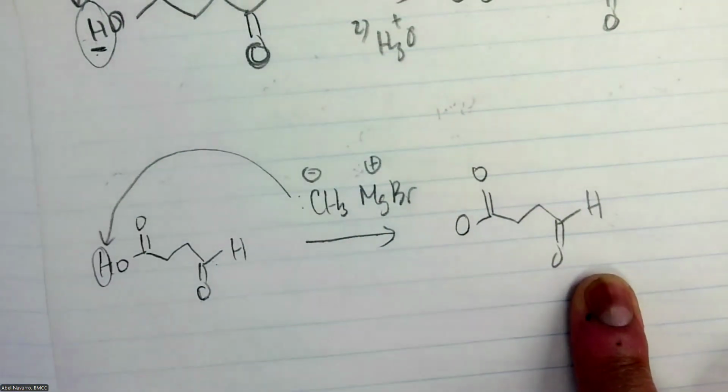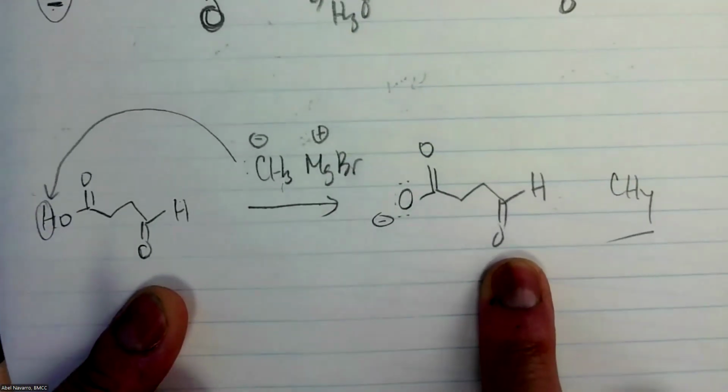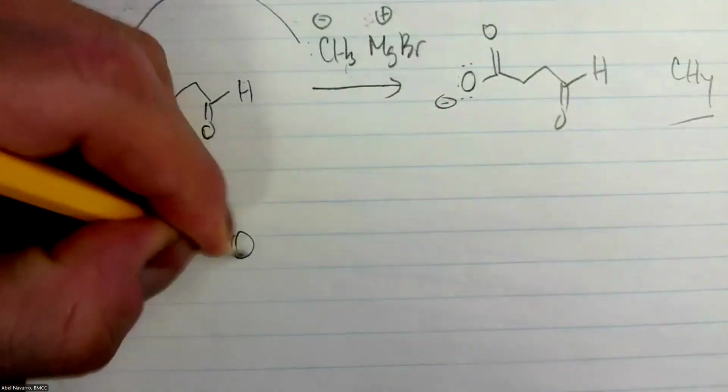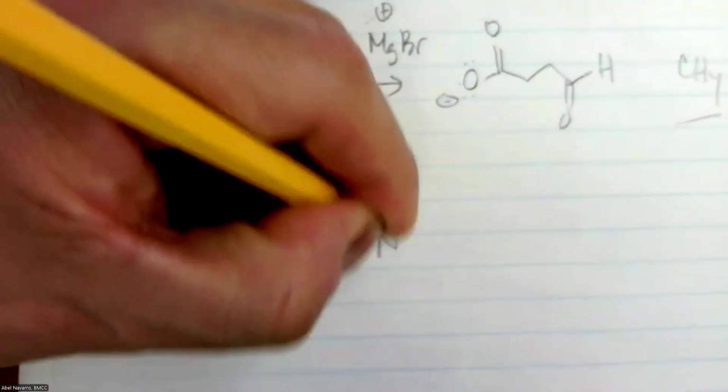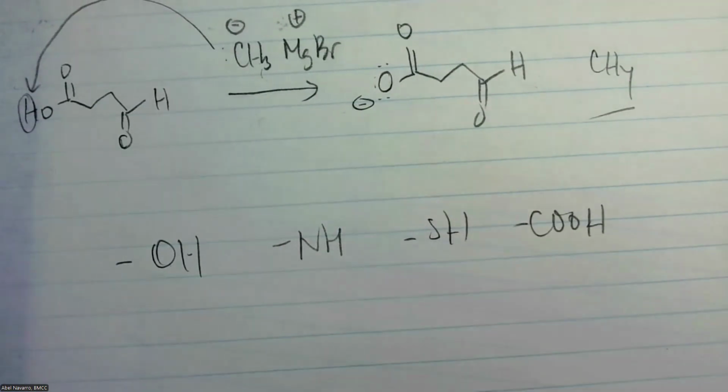Your aldehyde will be laughing because it's not going to do the reaction. What happened with this methyl? Well, the methyl gained the H, so it will become CH4. You lost it. You didn't do any addition. Who are those groups that are bad? OH, NH, SH, and carboxyl. Those groups are bad for Grignard. They will do a side reaction.